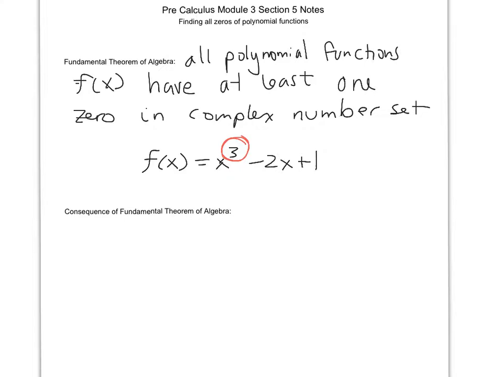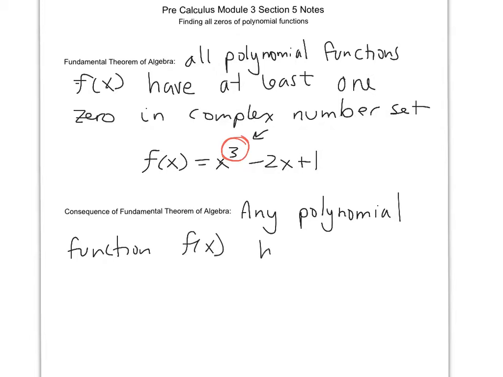Actually, by a consequence of the fundamental theorem of algebra, if you think about every polynomial having a zero, well, if I factor that zero out, then I can actually find all the zeros, and that would be the same number as the degree. So one of the important consequences of the fundamental theorem of algebra is any polynomial function, we'll call it f of x again, has exactly n roots in the complex number set, where n is the degree.